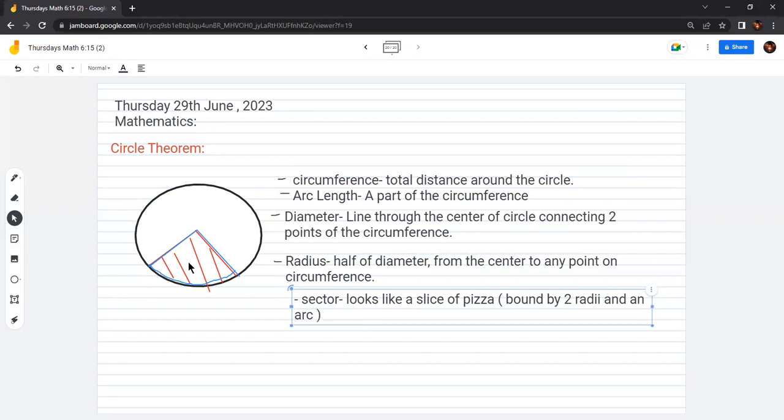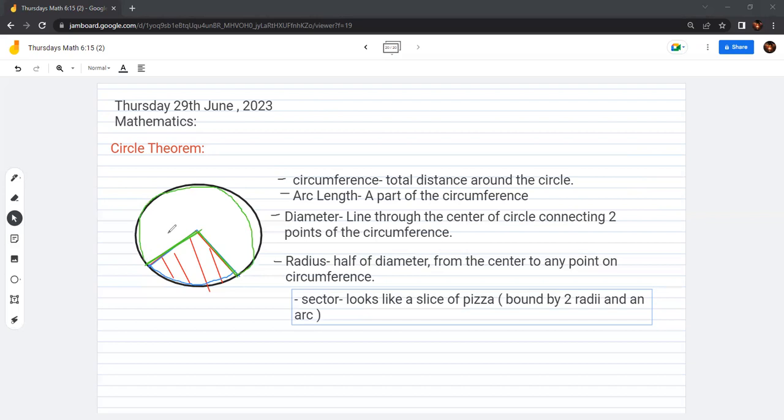Now, the smaller slice is called a minor sector. But if I look at what's in green, I have one radius here, one radius here, and an arc length around here.